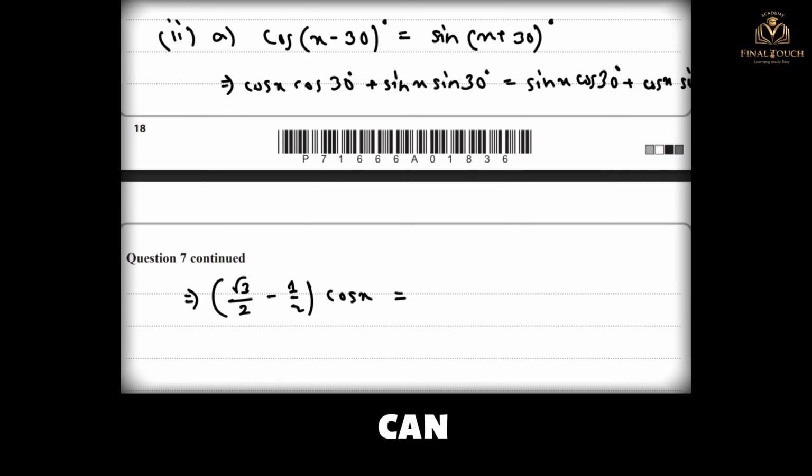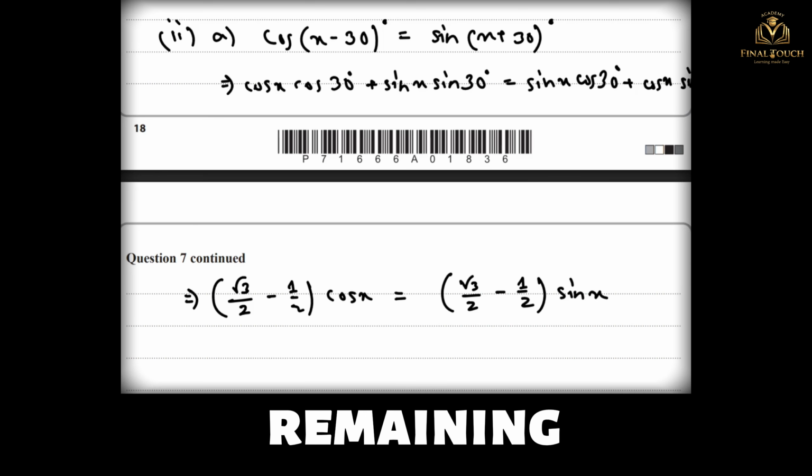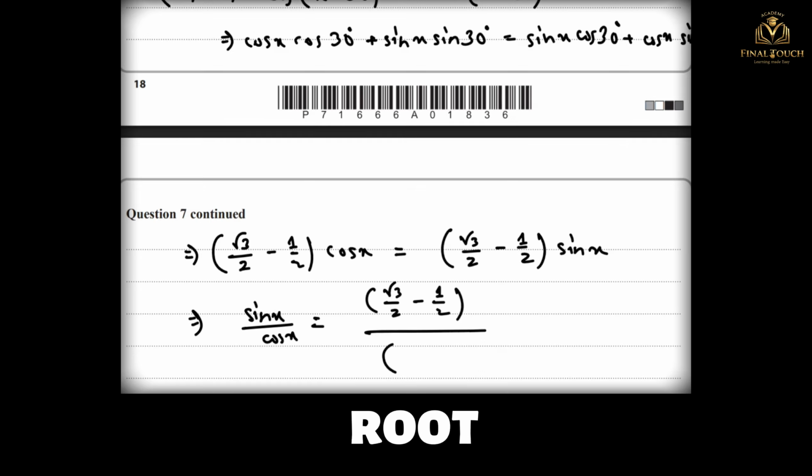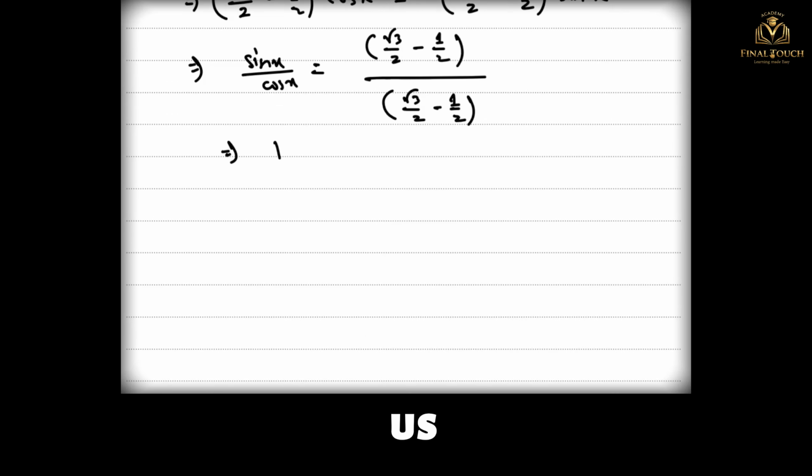And then we can write the next part as root over 3 by 2 minus half sin x. So this is the remaining part of here. So if we just simplify it, sin x by cos x, root over 3 by 2 minus half, and then obviously root over 3 by 2 minus half. So that gives us tan x is equals to 1.